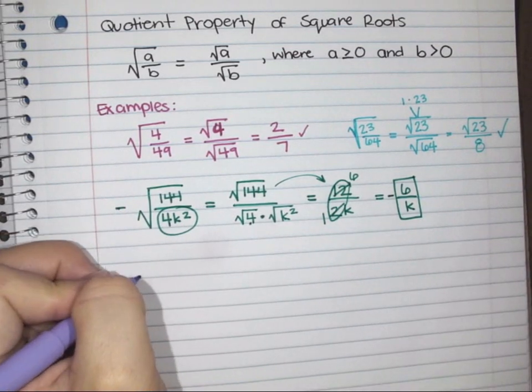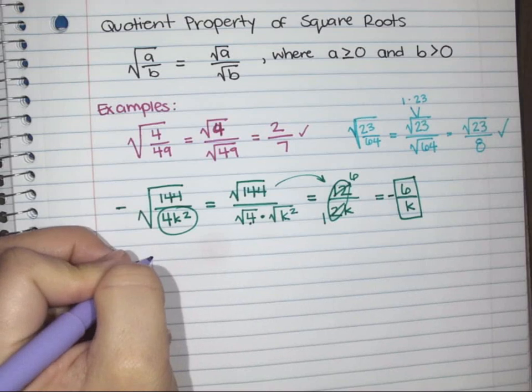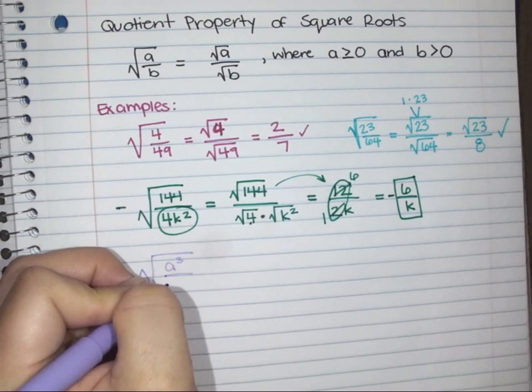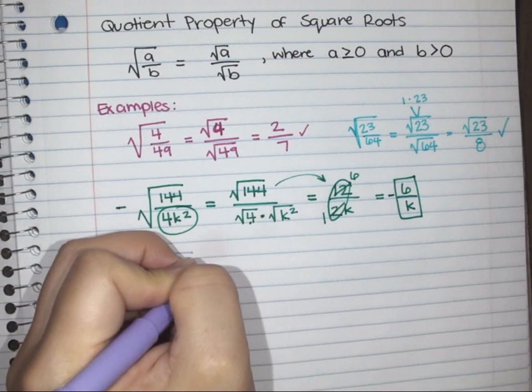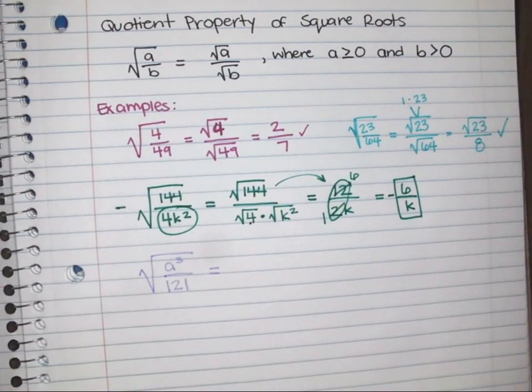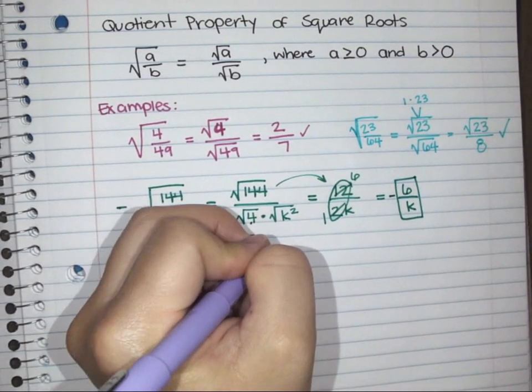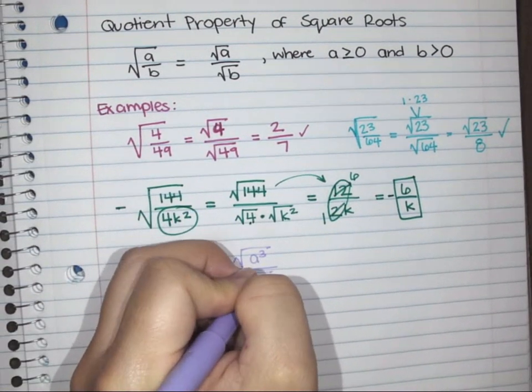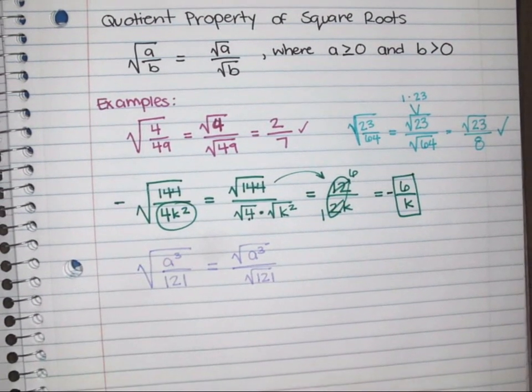And I'll try one more. The square root of a cubed over 121. So I'll use the quotient property to separate those. The square root of a cubed over the square root of 121.